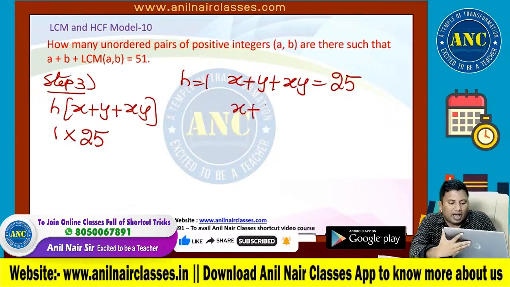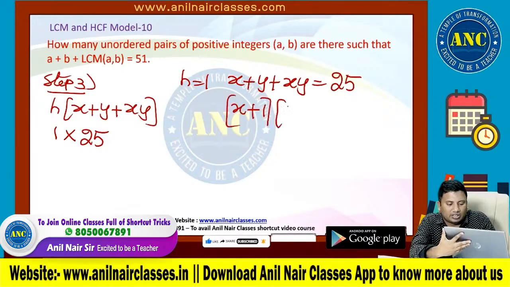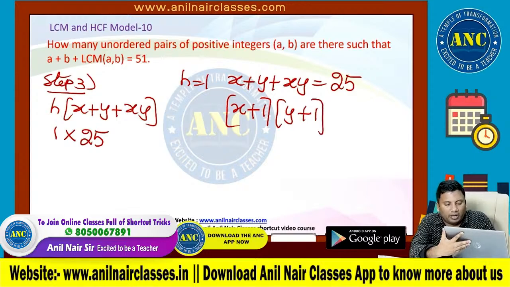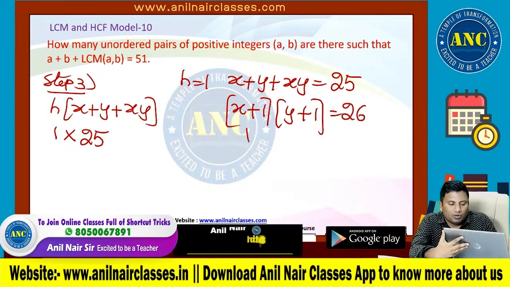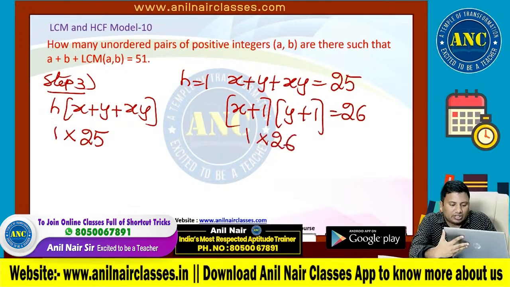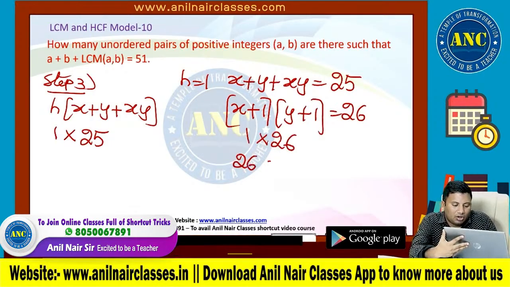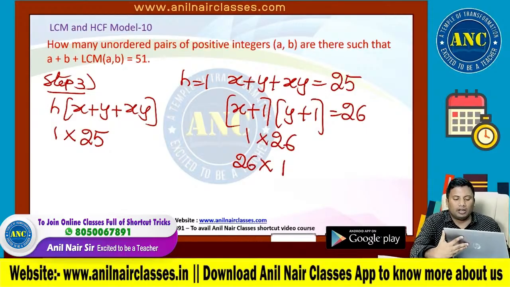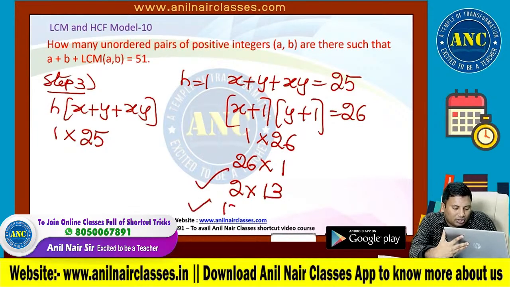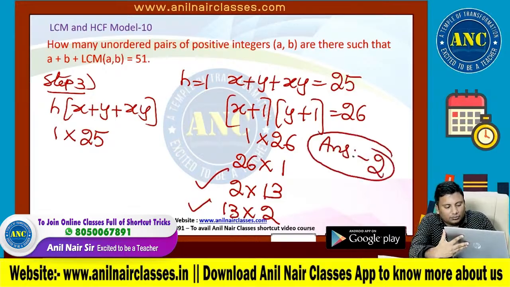Adding 1 on both the sides, X plus 1 into Y plus 1 is 26. 1 into 26, X will be 0. 26 into 1, Y will be 0. 2 into 13 possible, 13 into 2 possible. Answer I got 2 cases, which is this case and this case.